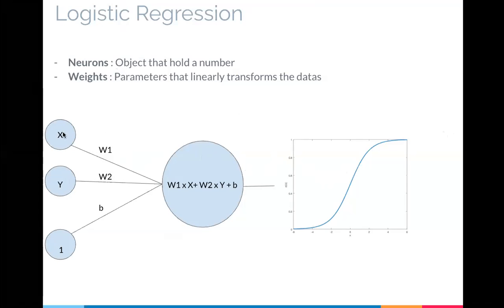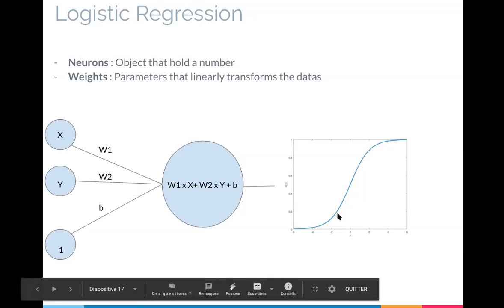And so they are in a neuron, and we will obtain a new neuron, which is the linear combination of the input variables. This new neuron can contain any real value, and we want to obtain a probability.